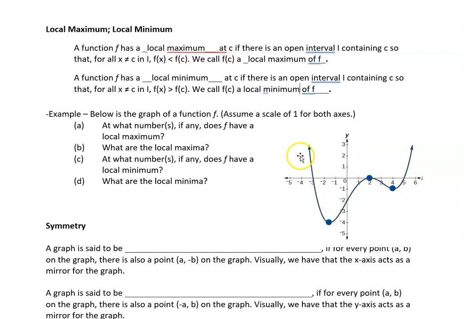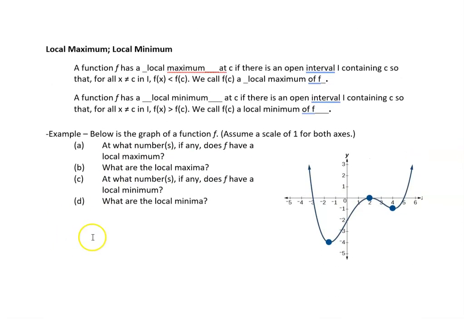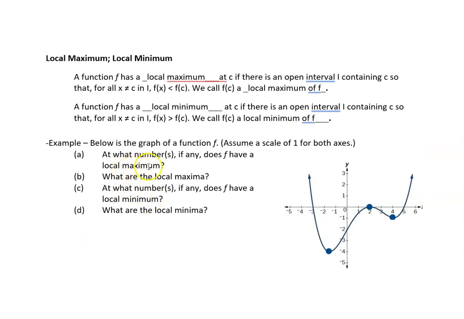So let's look at this example here, and let's start with part A. We want to determine at what number or numbers, if any, does f have a local maximum. I'm going to scroll this on down and get it out of our way. So remember, local maximums look like mountain peaks. The only place on here that looks like a mountain peak would be right here.